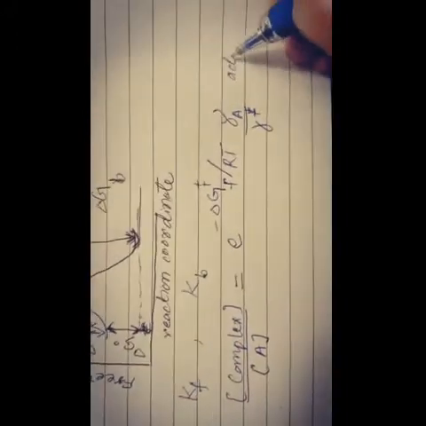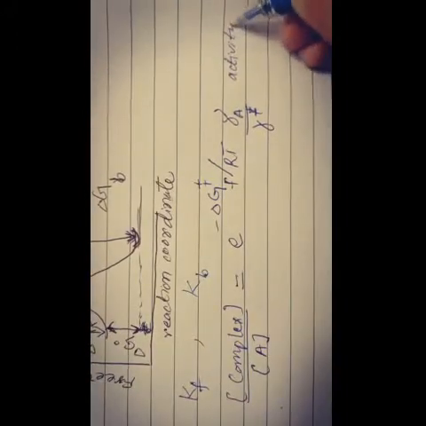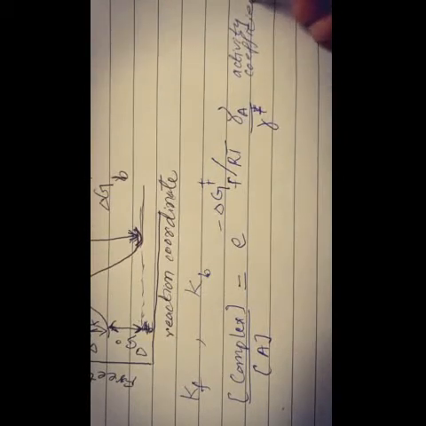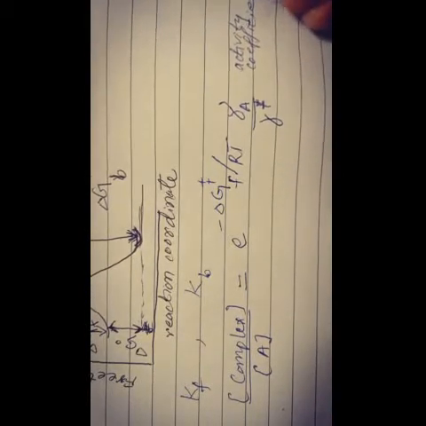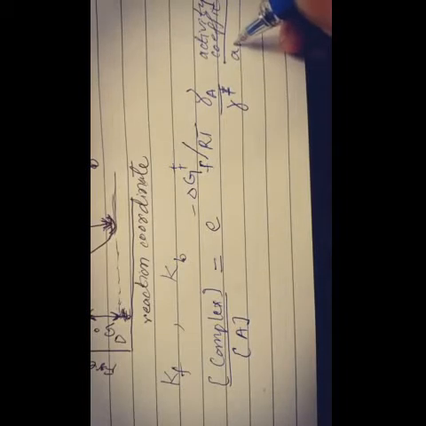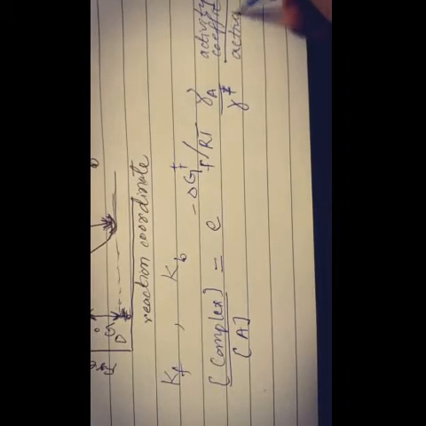Here gamma A is the activity coefficient of A, over the activity coefficient of the activated complex.